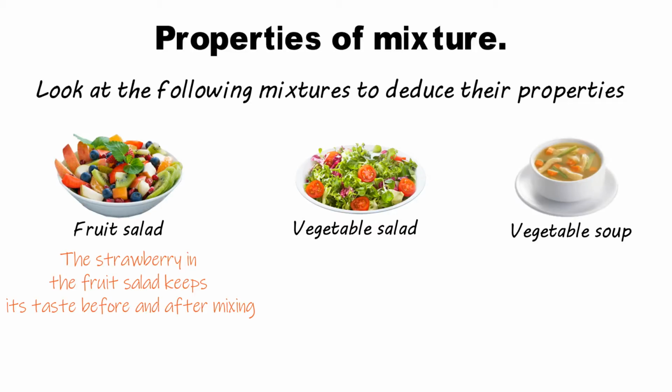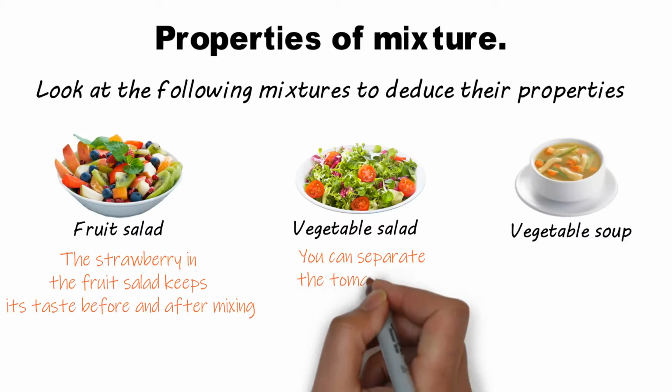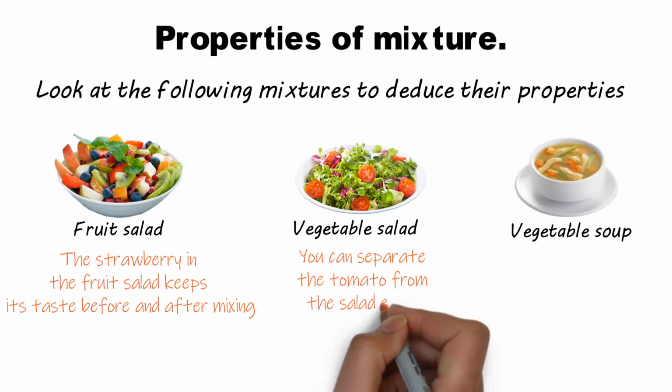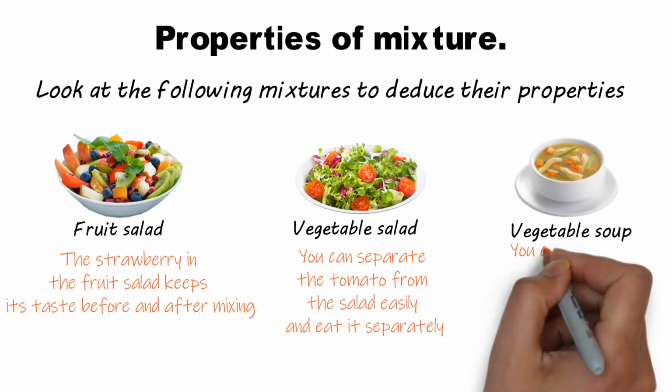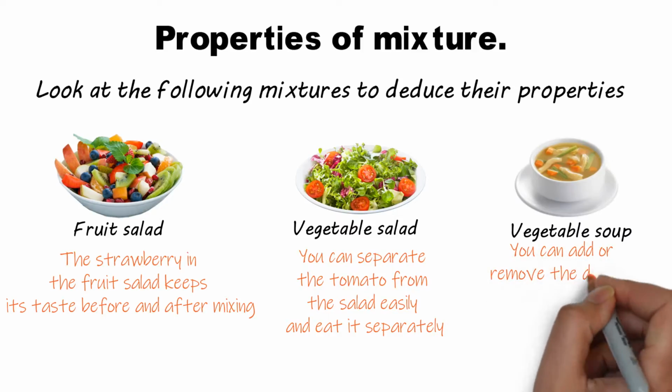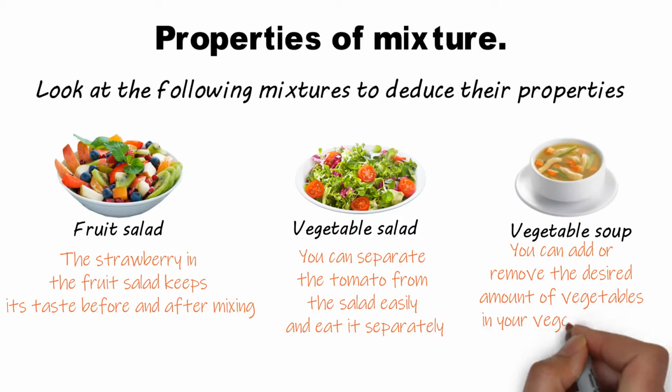This is the first. Let's see also the vegetable salad. As we see here, we can easily separate the tomato from the cucumber and the other vegetables in the vegetable salad, and we can eat them separately. While in the vegetable soup, you can add or remove the desired amount of vegetables in your soup.